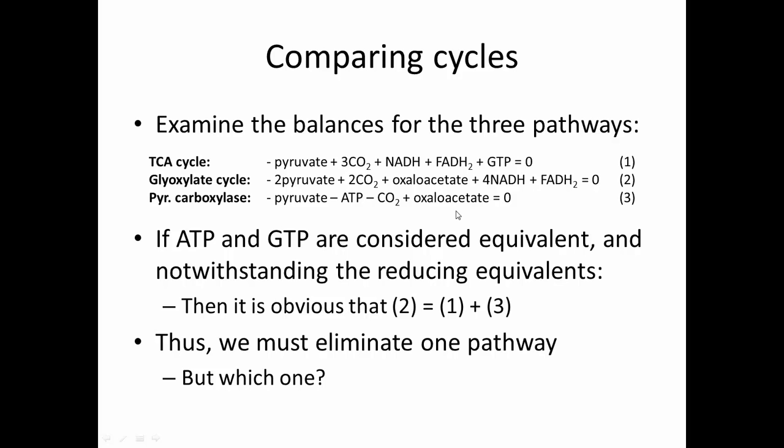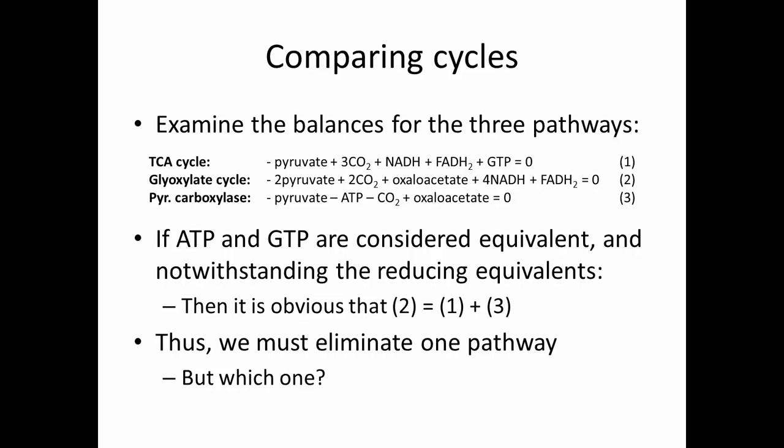And in a couple of cases, oxaloacetate is our product. If we consider GTP to be ATP, if we consider them equivalent, not too far a stretch there, and we don't worry so much about NADH and FADH2, then it becomes obvious that equation 2, or pathway 2, equals 1 plus 3 here. So we got some redundancy going on.